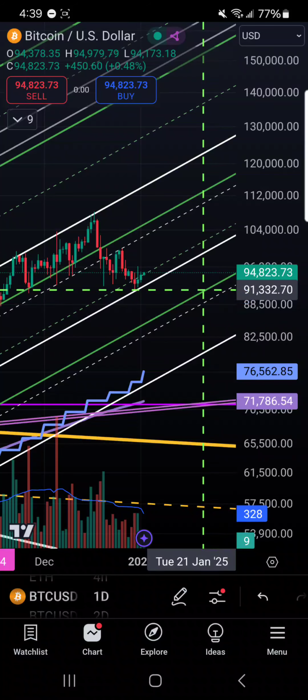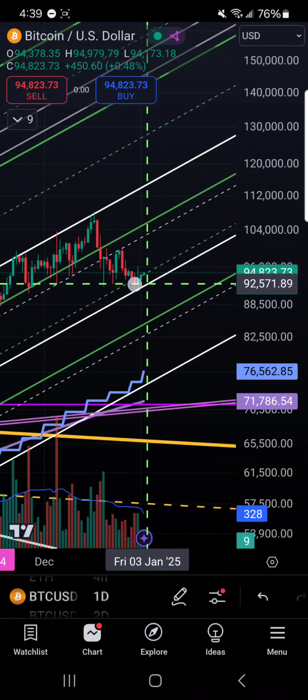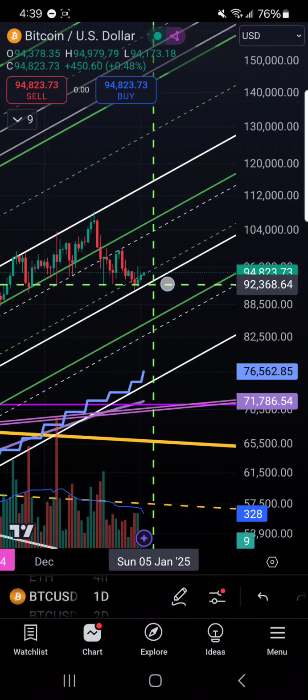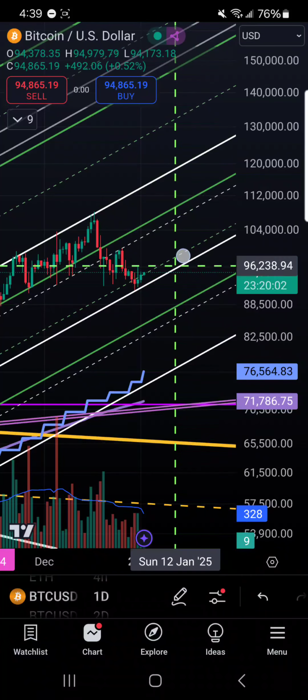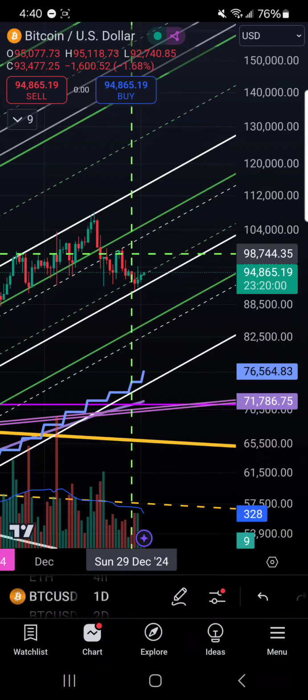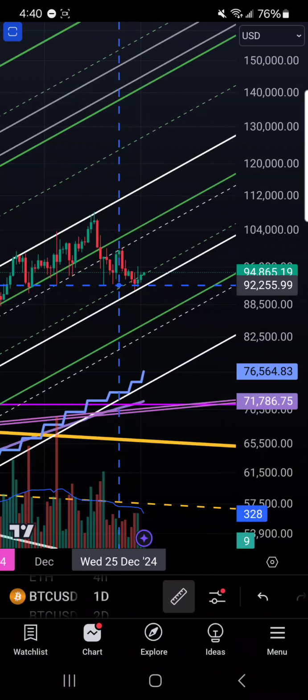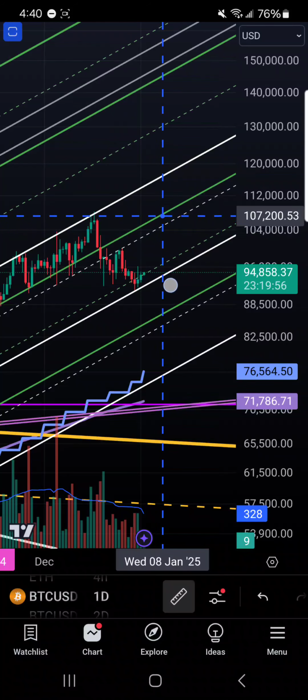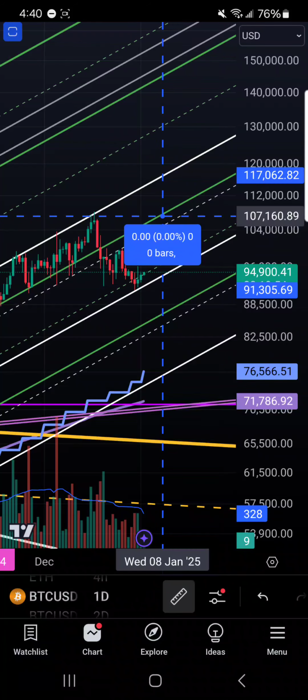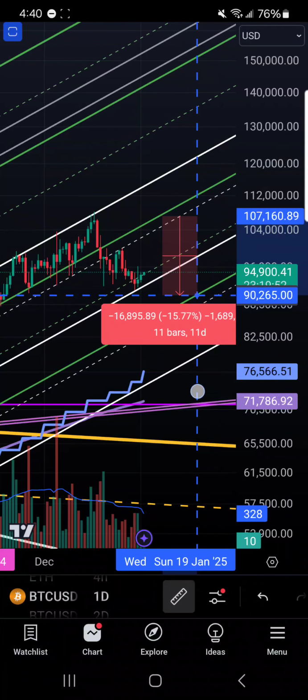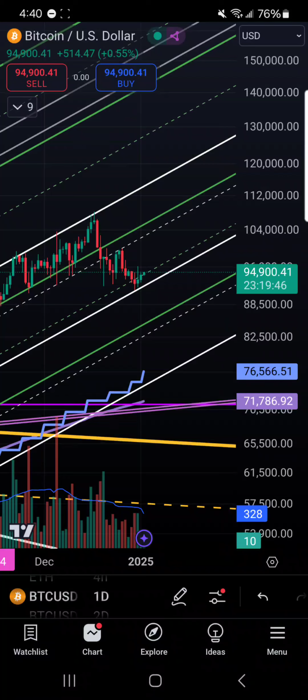It'd be around 91,000, and you can see that we would be touching these other levels of support, and that would give us another 15% pullback. So I believe that's probably what's going to happen.